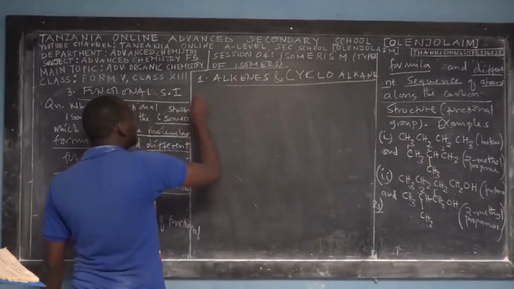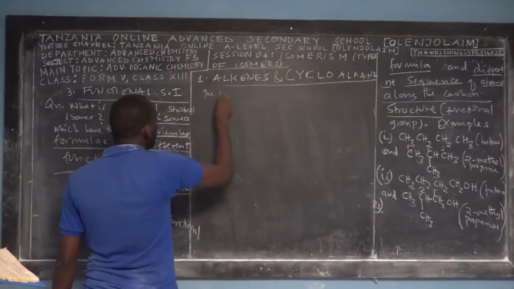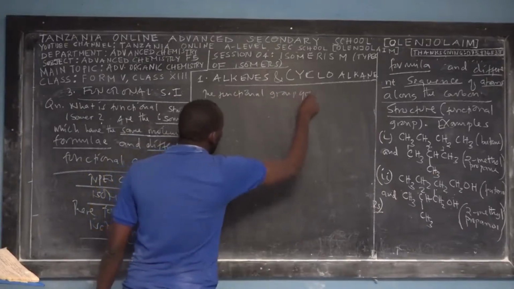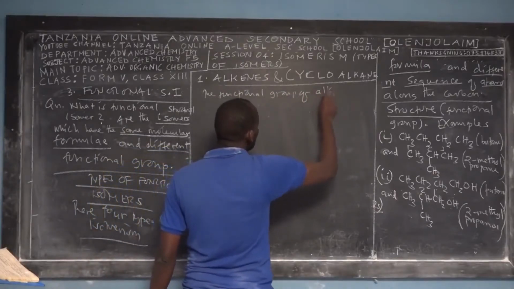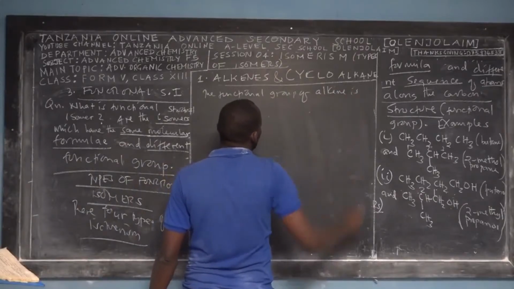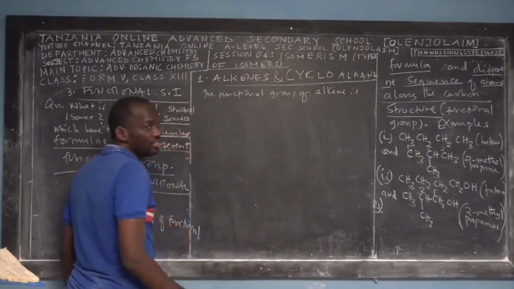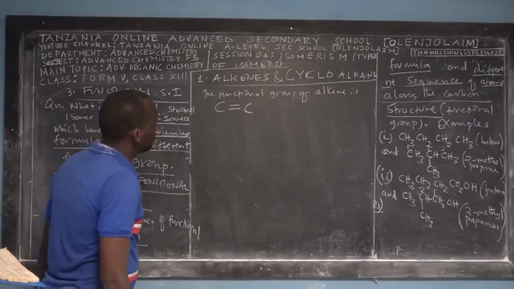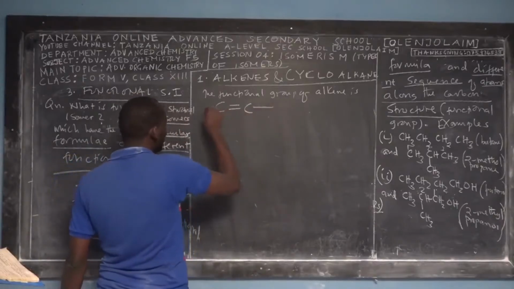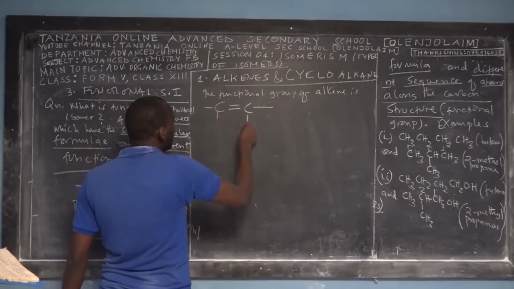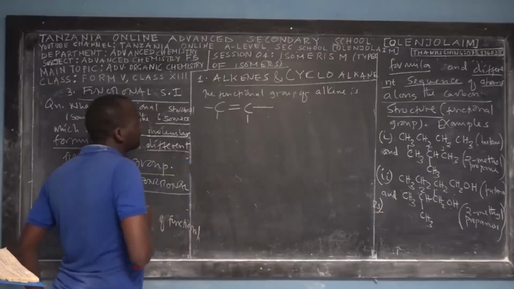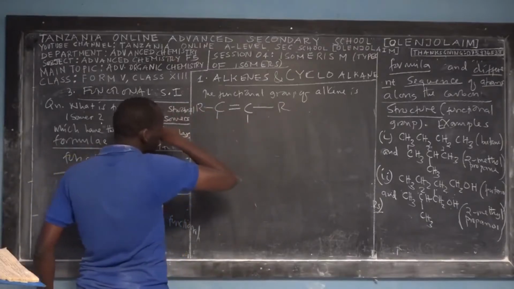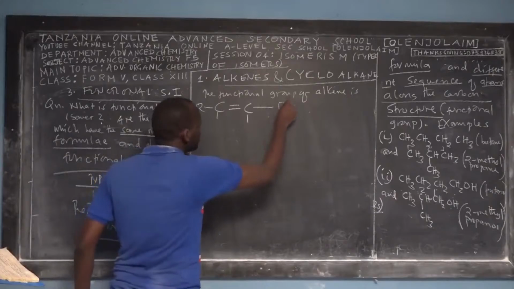Remember the functional group of alkenes is the double bond. In general, you can say that these are both hydrocarbons.